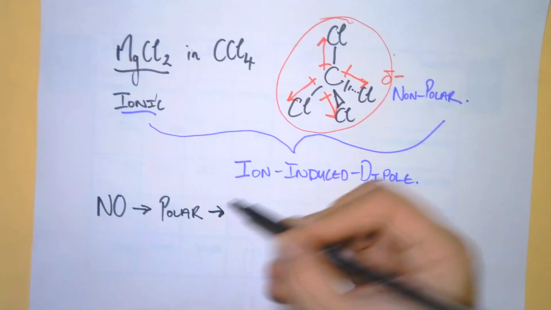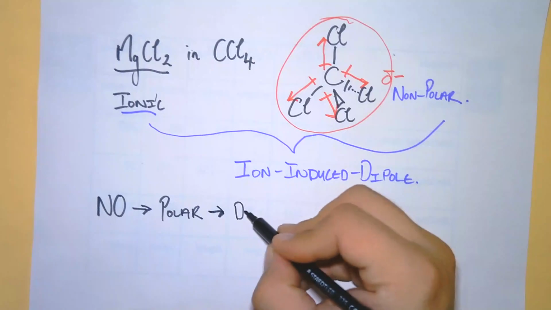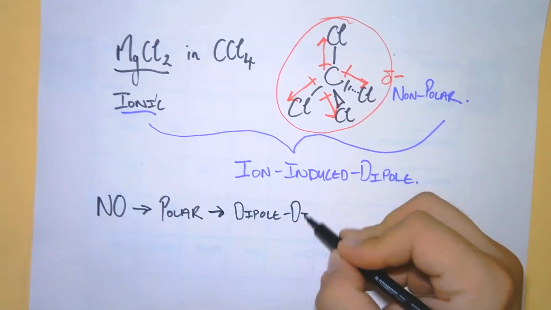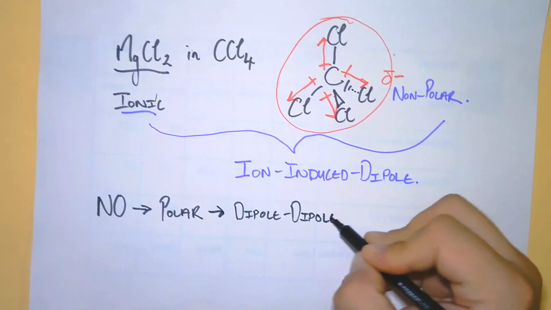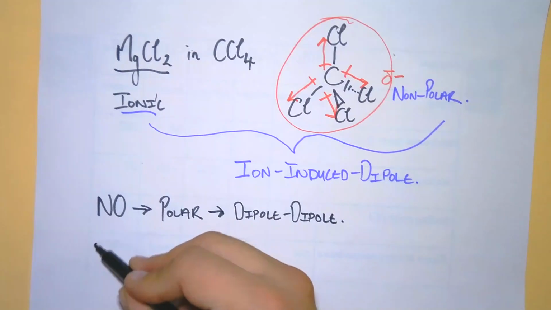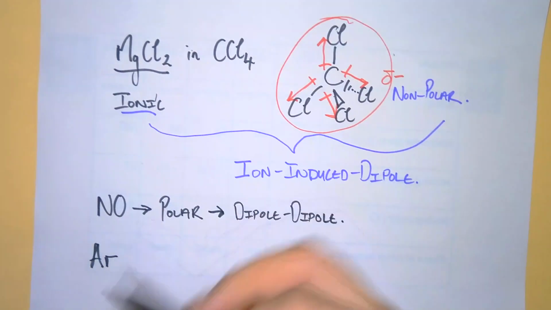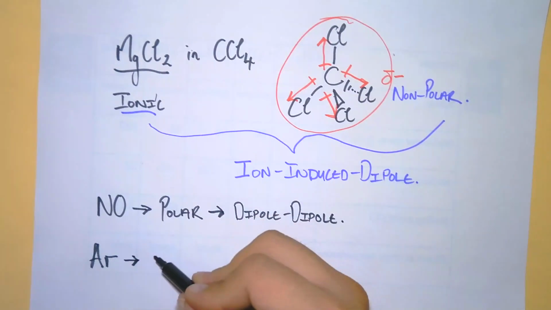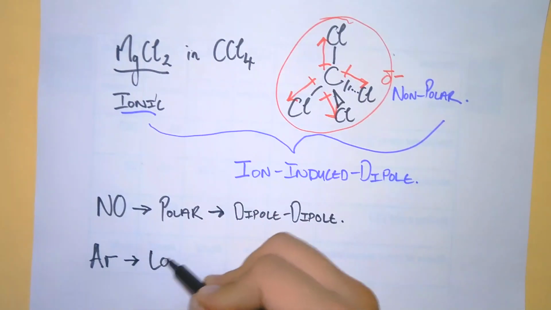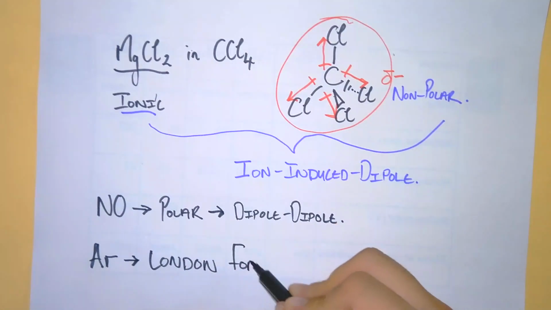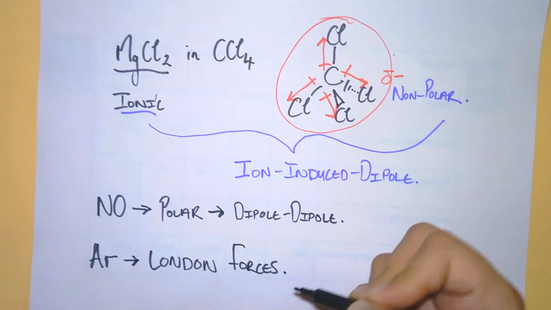So it's polar with polar, and in this case we have dipole forces. Okay. Next then we have argon, so the same as the one we did with krypton. So argon bonding to other argons, a non-polar substance bonding to a non-polar substance, so London forces. Okay.